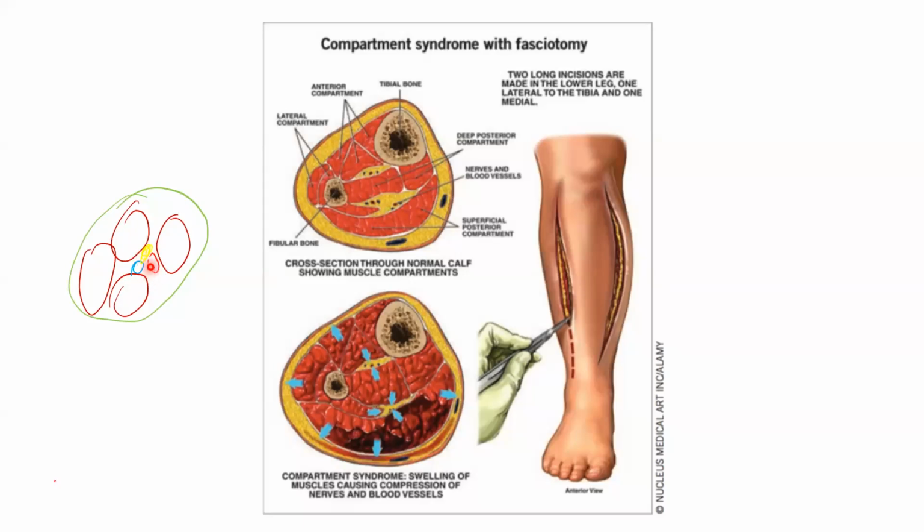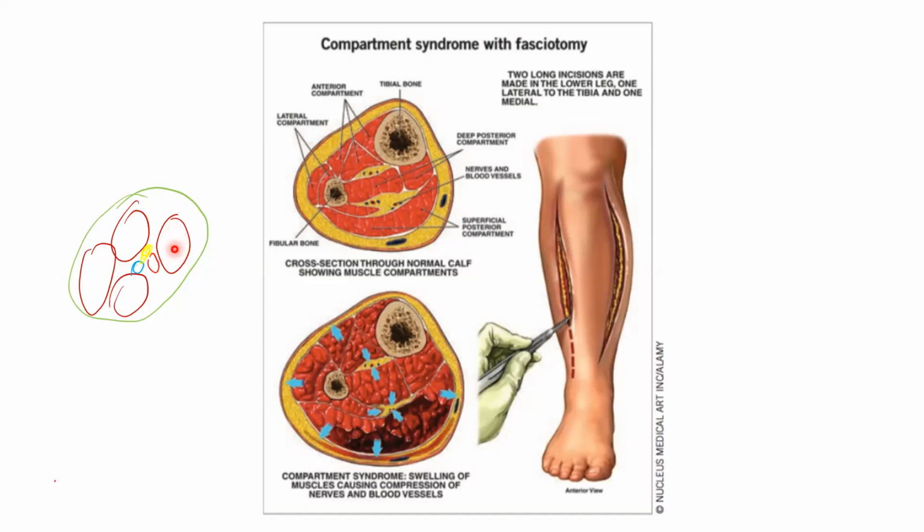And finally, the arteries, which have a thicker wall, will get compressed and cut off the blood supply completely to this compartment. Then these muscles will get damaged. There will be loss of blood supply and the cells will die off, right?